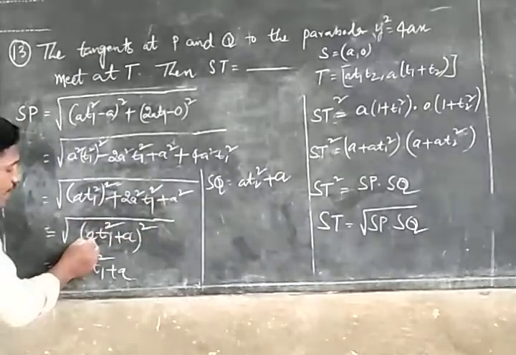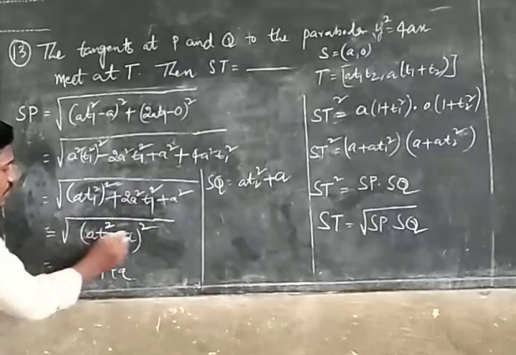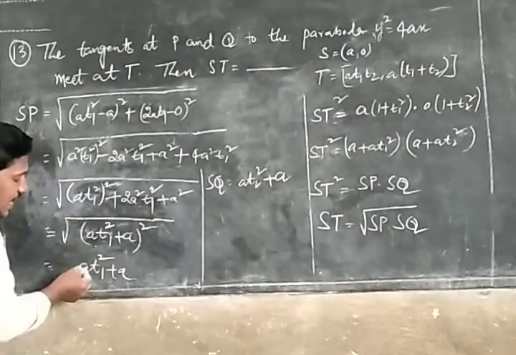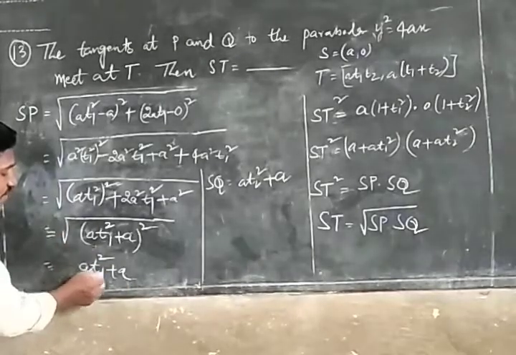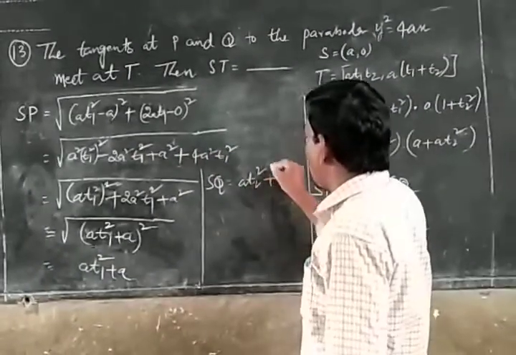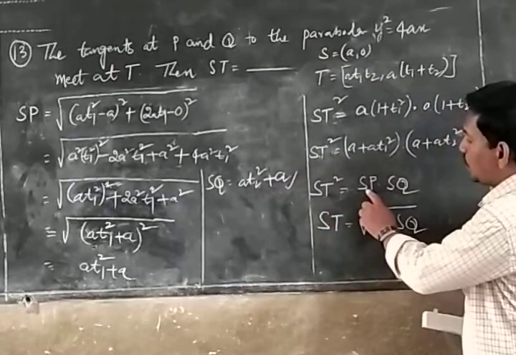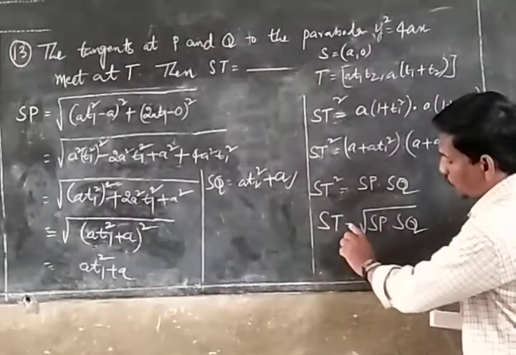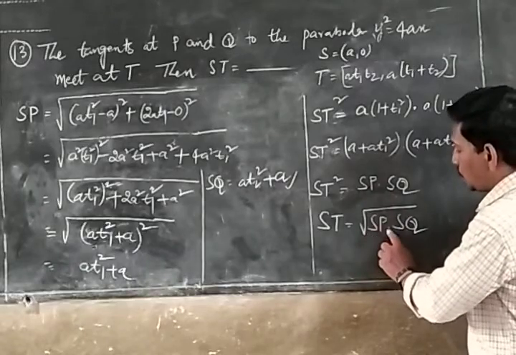So it is (a t1 square plus a) whole square. So square root both are cancelled. A t1 square plus a. SP equal to a t1 square plus a. Similarly, SQ equal to a t2 square plus a. So that's why ST square equal to SP into SQ. Then ST equal to root of SP into SQ.